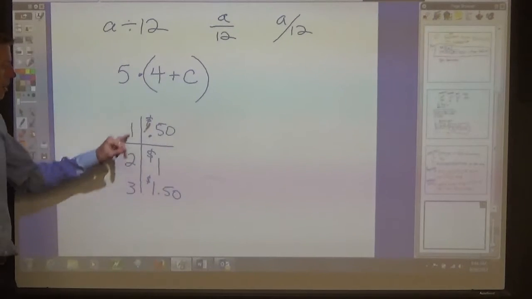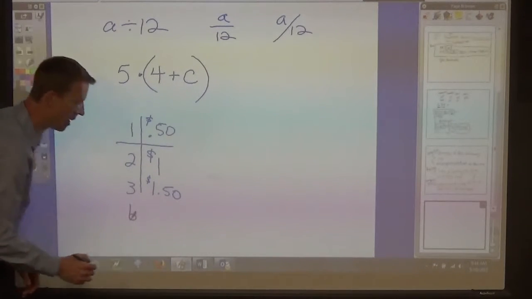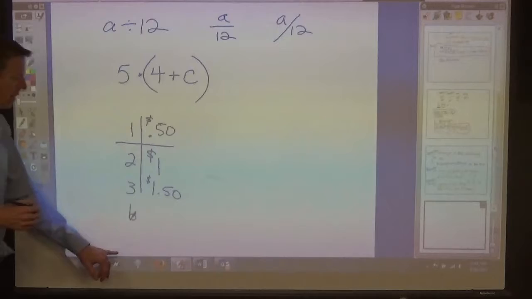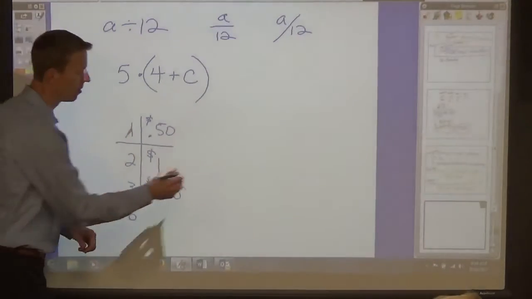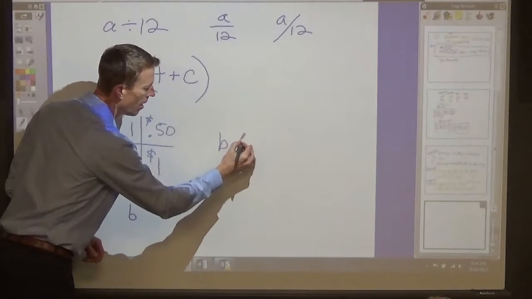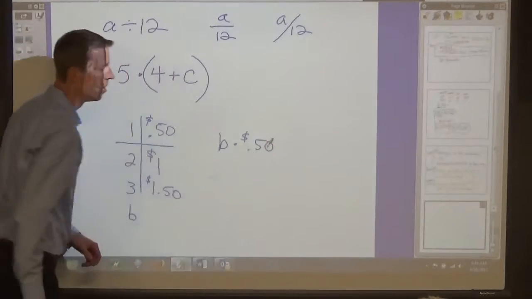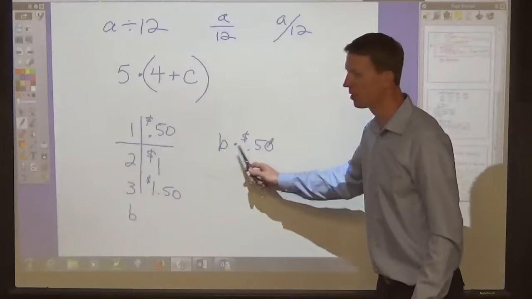Right. Now, how can we write a variable expression for this? With B bagels. B times 50 cents, right. So we're multiplying it by 50 each time. B times 50 cents. Or how would we write it in algebra with the number first?